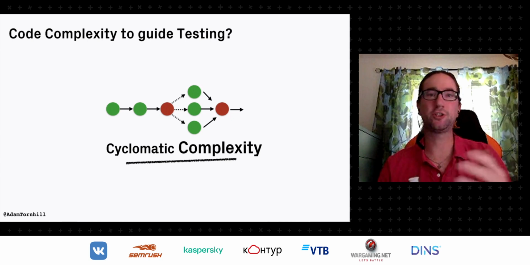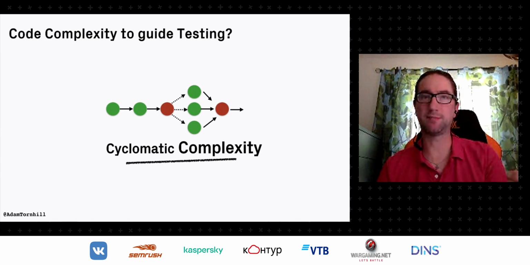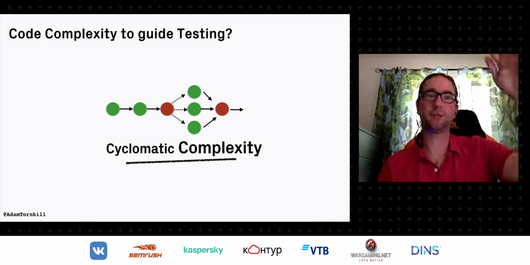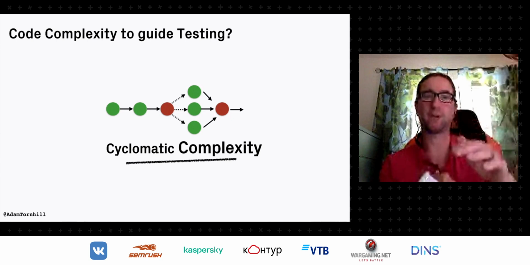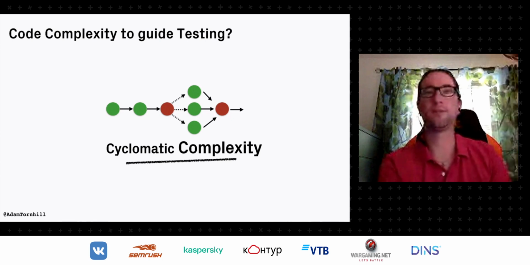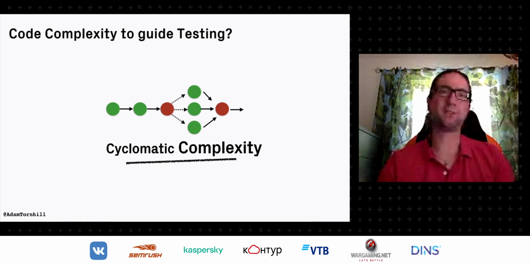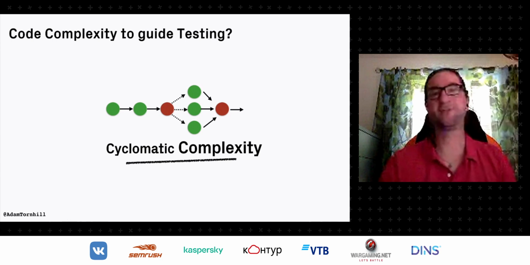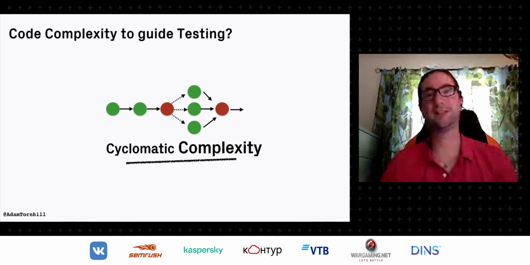And a logical path is simply an if statement, a loop, and so on. And then you sum up the number of logical paths, and you have your complexity number. And the higher that number, the more complicated the code is. So maybe that sounds simple enough, right? Maybe that could be something we can use to guide testing and improvement efforts.